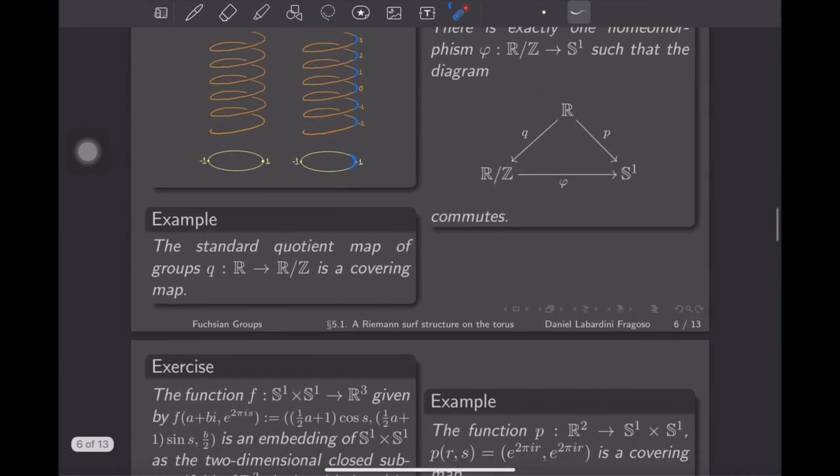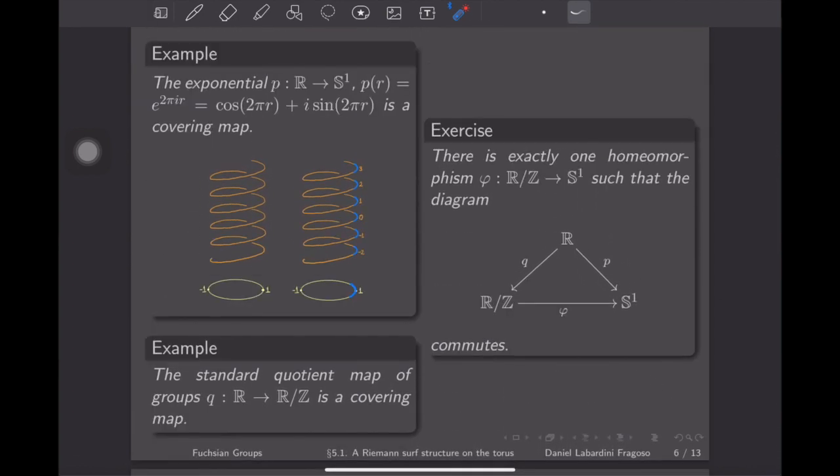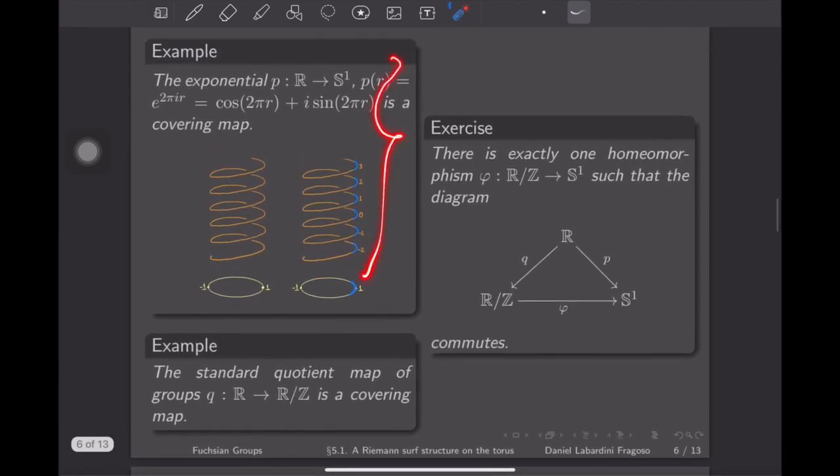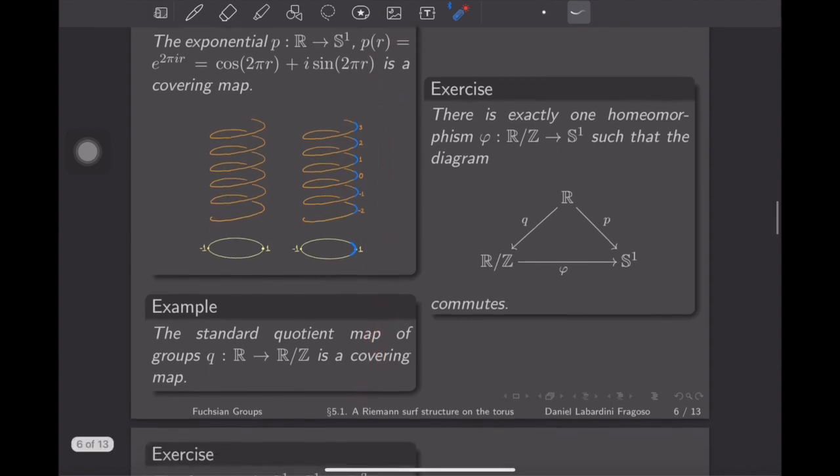And now I'm going to move one dimension up. Right? So from this one-dimensional example and this one-dimensional example, now I'm going to move to dimension 2.